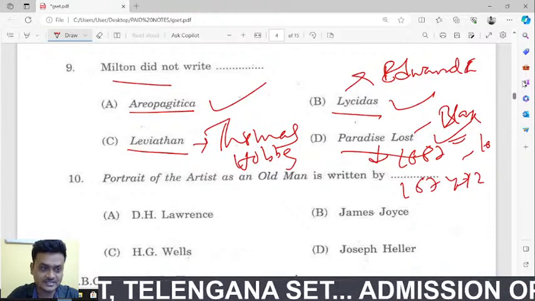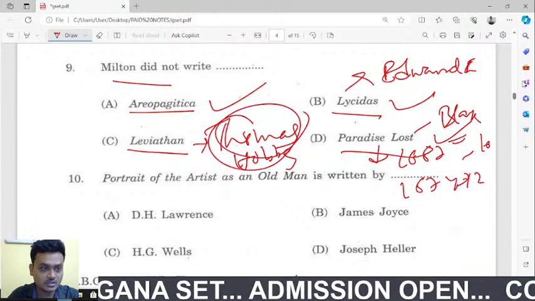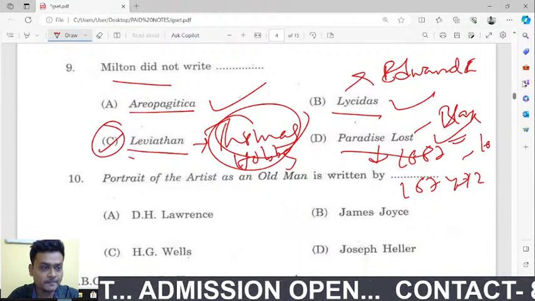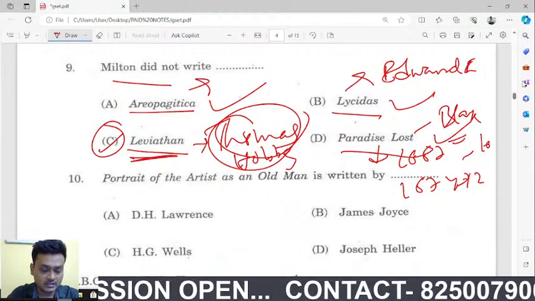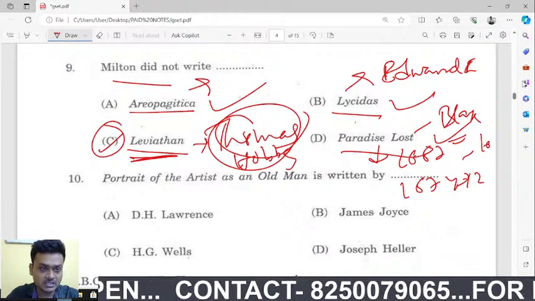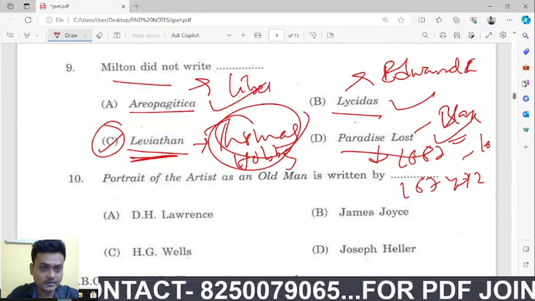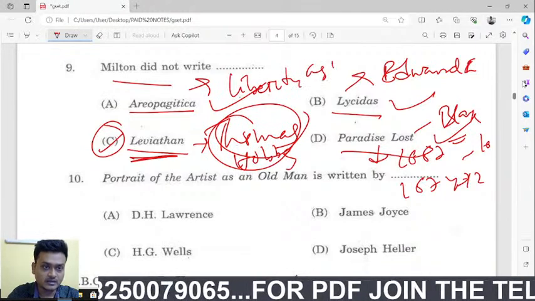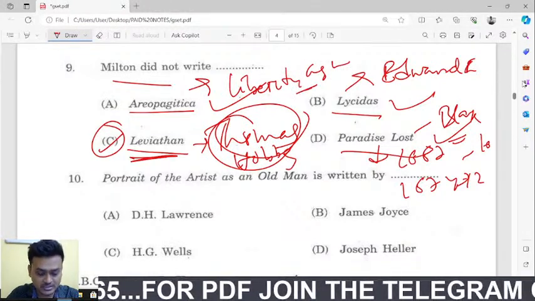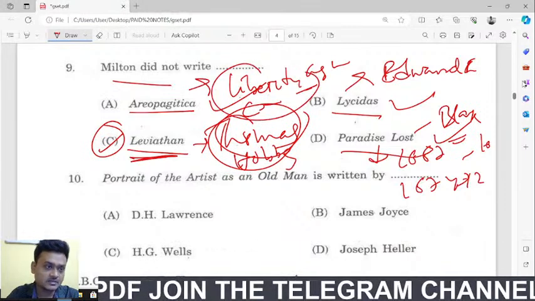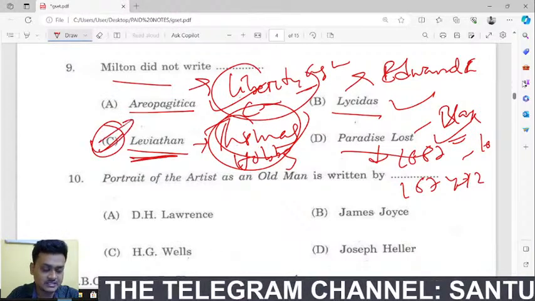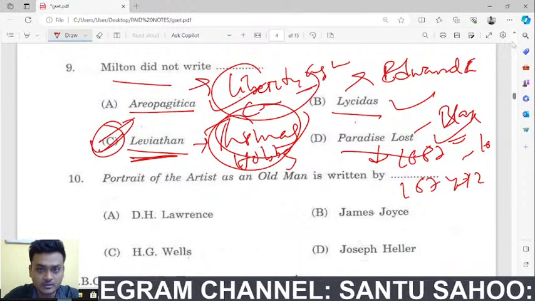Areopagitica is about liberty against censorship, in publishing. So here Leviathan is the right answer.